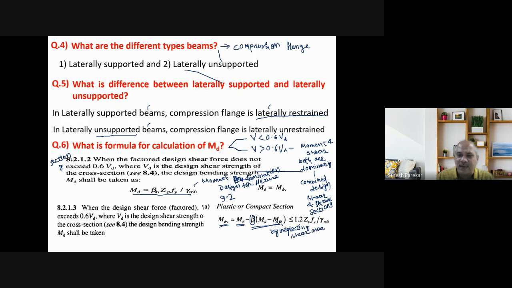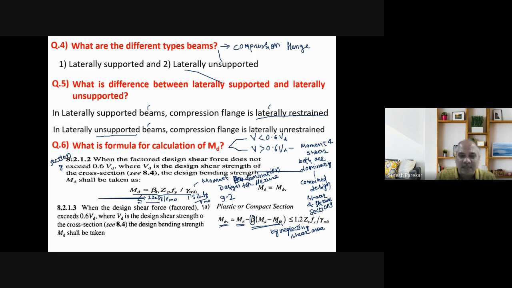Now this value should be less than or equal to 1.2 ZeFy upon gamma m0, that is for simply supported, and 1.5 ZeFy upon gamma m0, that is for cantilever.